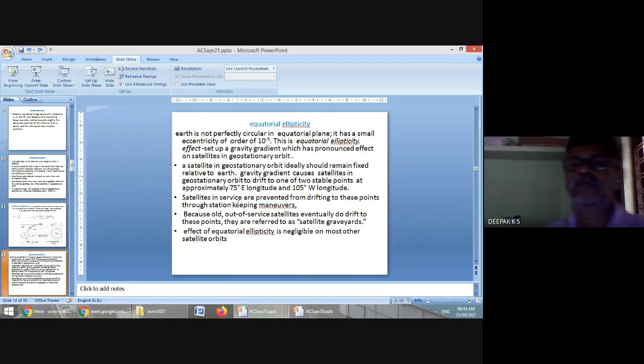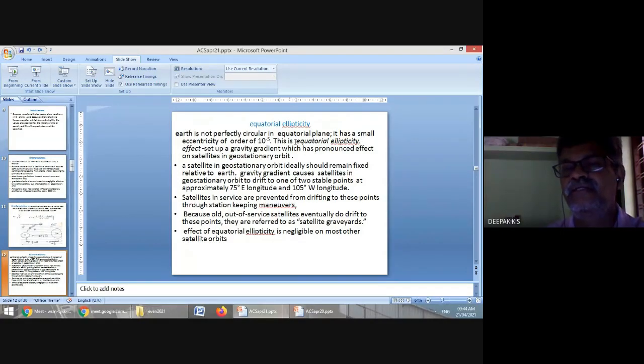So coming to ellipticity, equatorial ellipticity. Earth is not circular in the equatorial plane. So we cannot consider Earth as circular in the equatorial plane. It has a small eccentricity of the order of 10 raised to -5. This is equatorial ellipticity.